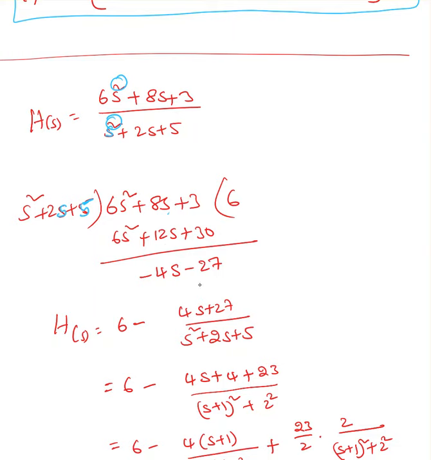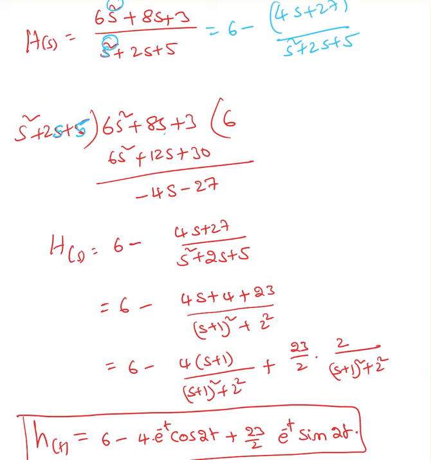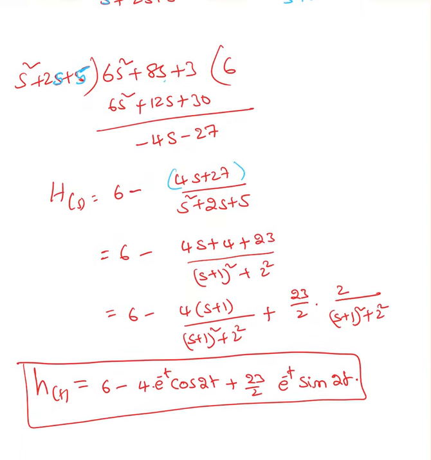Don't confuse, my s looks like 5. So I'll end up with minus 4s minus 27. So I can write this function as 6 minus (4s plus 27) divided by s squared plus 2s plus 5.